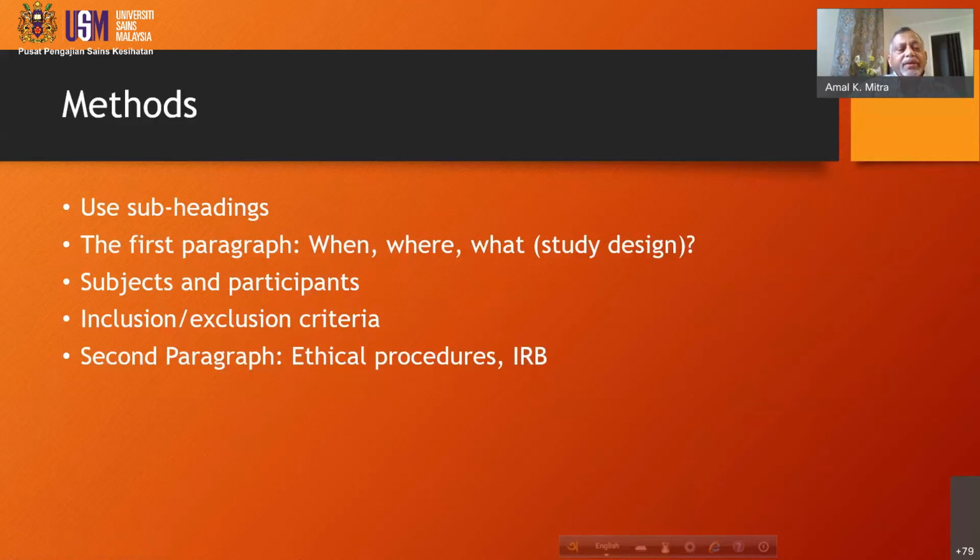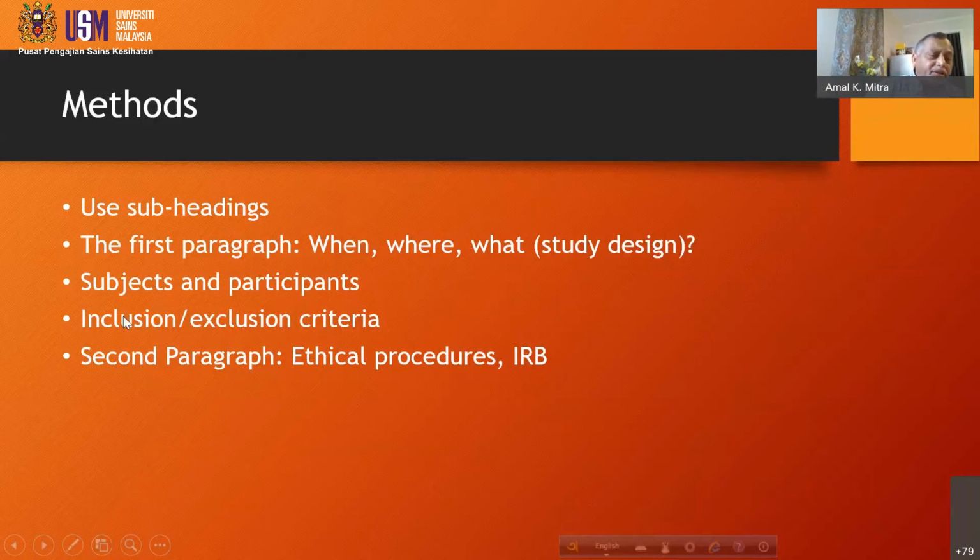Okay. Then next you describe your subjects and participants. Immediately after this, you describe your subjects and participants. So subjects means the whole population that you studied, and participants are those among the population. How do you select them?